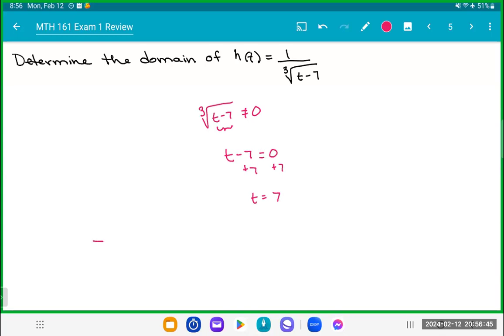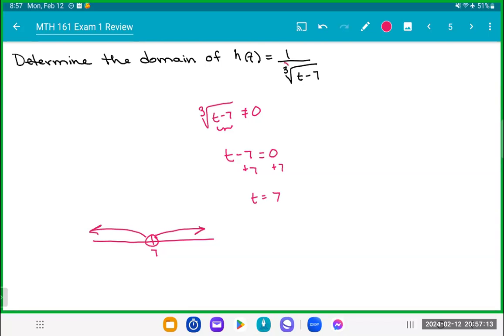So if I think about it on a number line, if this is the number 7, it would be hollow. I cannot equal it, but I could be greater than it and I could be less than it. I just cannot be equal to it. But you say, hey, this has to be greater than or equal to 0.